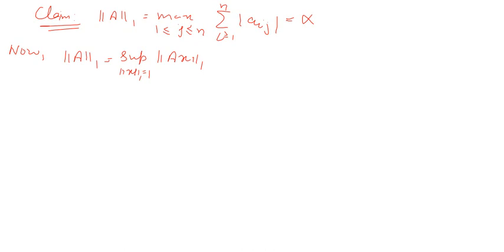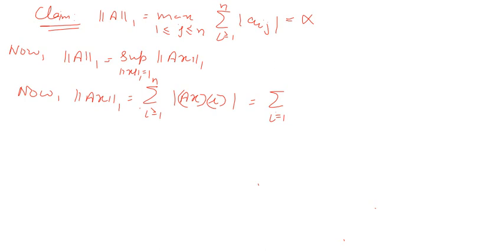Now norm of AX1 is equal to the summation i equals 1 to n of the modulus of (AX)i, that is equal to the summation i equals 1 to n of the modulus of the summation j equals 1 to n of aij xj.